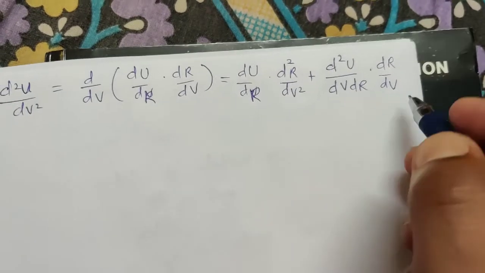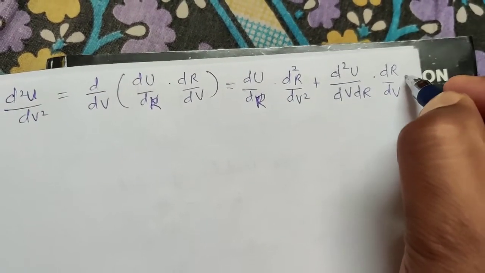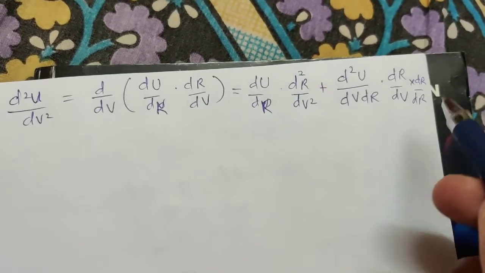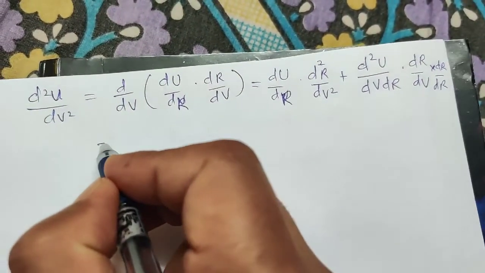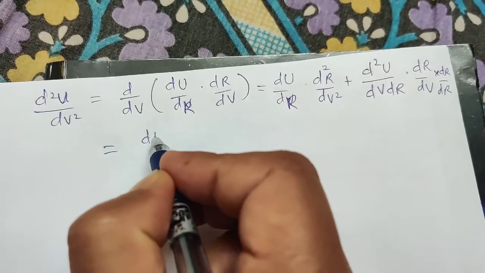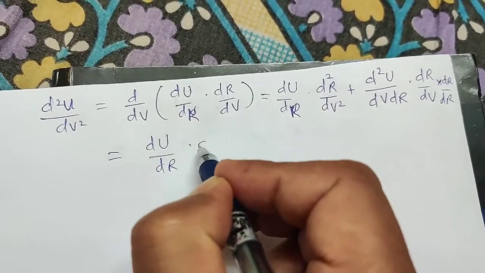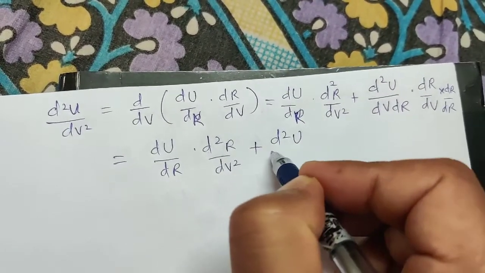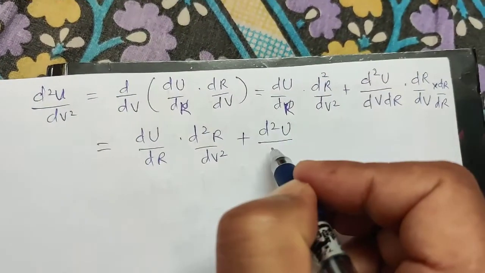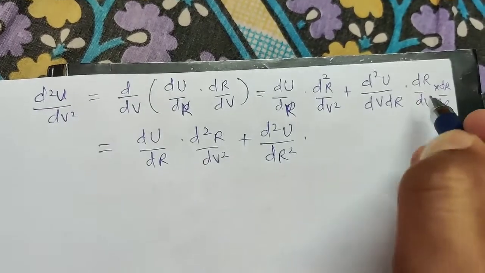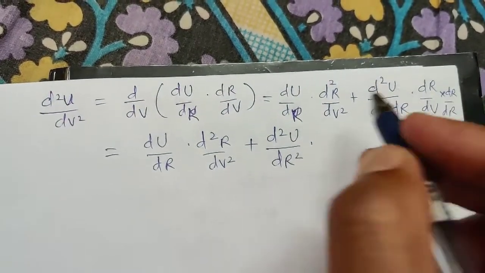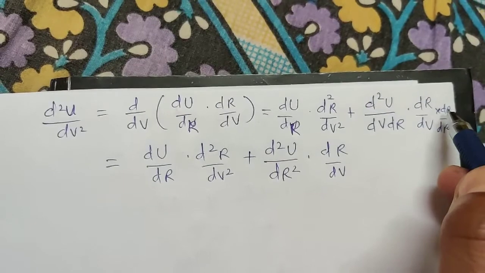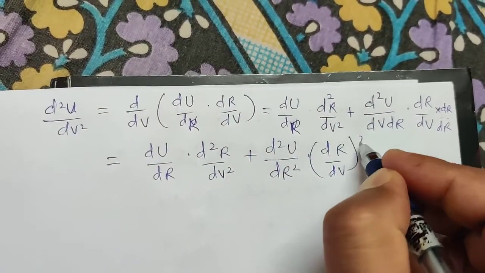So now to simplify this, I will multiply and divide here by dr. So now after multiplying and dividing, this equation reduces to the same dU upon dr into d square r upon dV square, plus d square U upon dr square into dr upon dV, and this will be dr into dV, and dV will be here, so this will be dr upon dV, whole square.